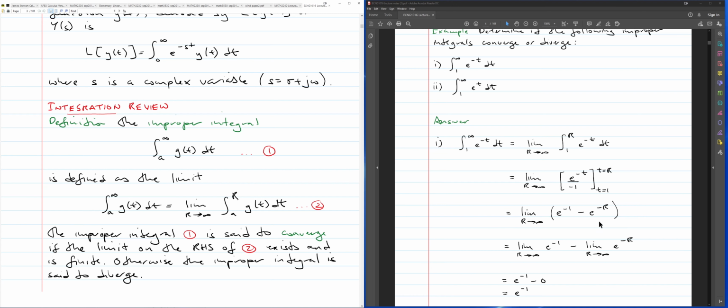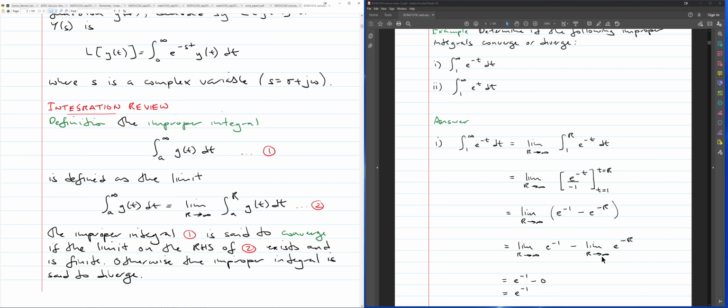This is a limit of a difference, so you can take the limit of the individual pieces. E to the minus 1 is just 1 on e, which is some constant. It isn't going to change with r, so the limit of this as r goes to infinity is just e to the minus 1. For the second piece, I have the limit of e to the minus r as r goes to infinity.